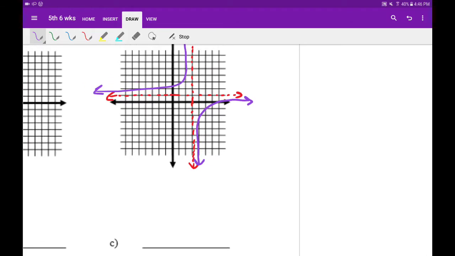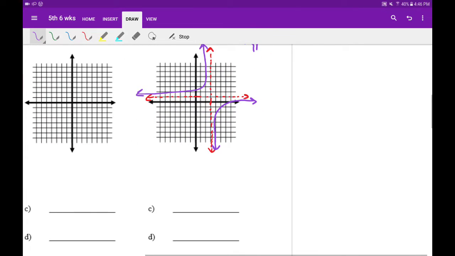Then we use these asymptotes to help us figure out the domain and the range. So for the domain here, basically the only thing that intersects my x-axis is the vertical asymptote. So the vertical asymptote, your VA, is what affects your domain. Basically, if I go across my x-axis, I can do all the values up to that asymptote.